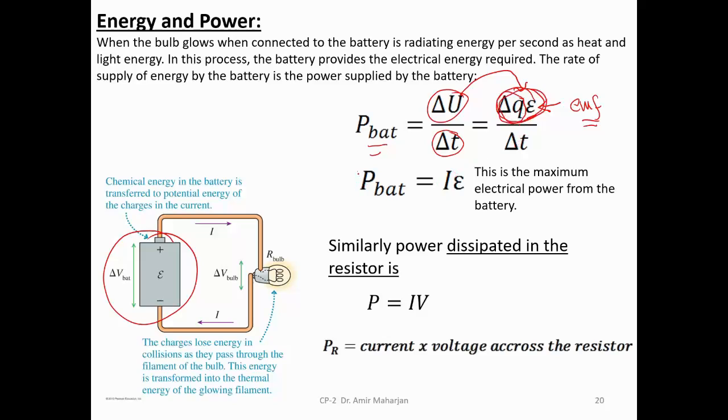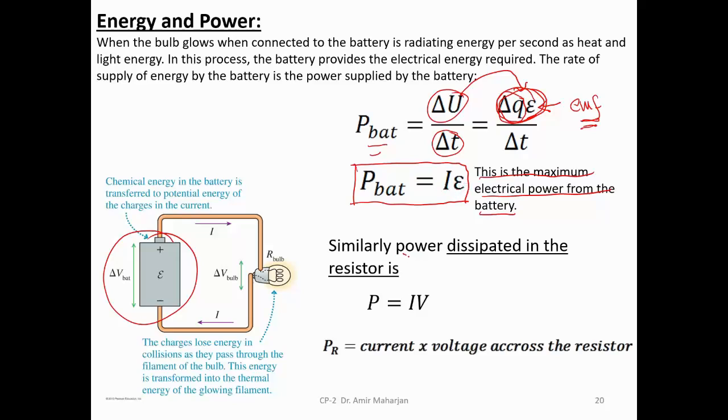So you can say the maximum power that the battery can deliver is equal to I times EMF, and EMF is just the maximum possible voltage. So this is the maximum electrical power that the battery can deliver: current times EMF.